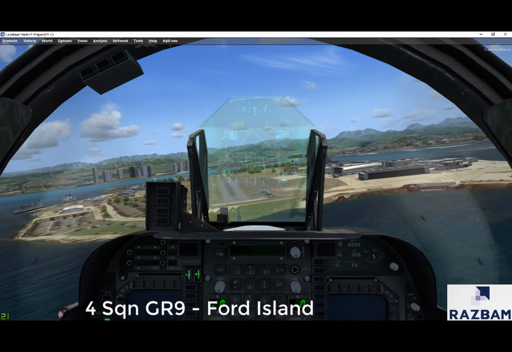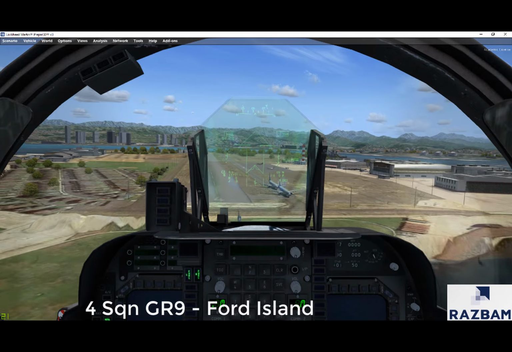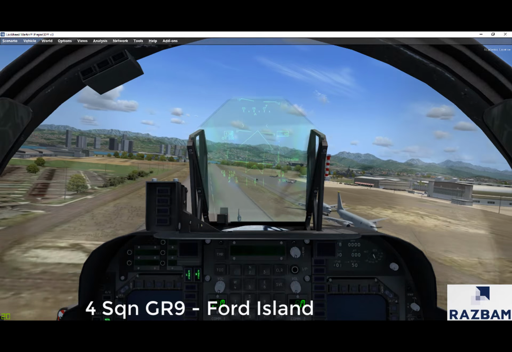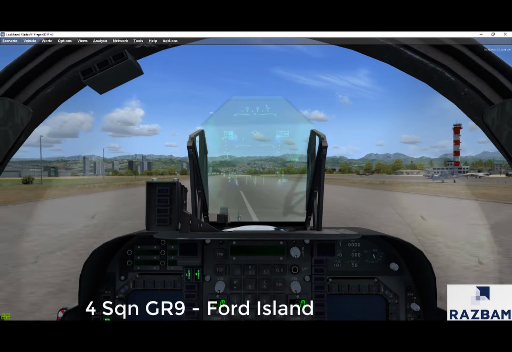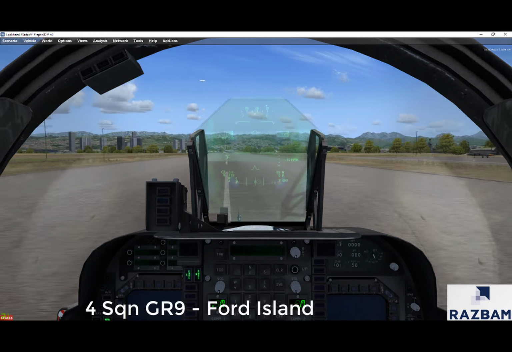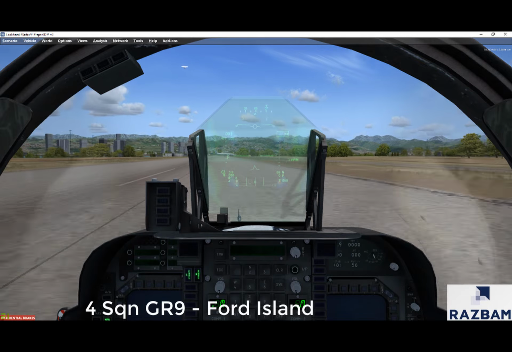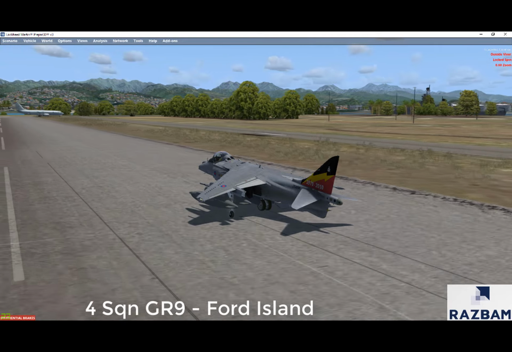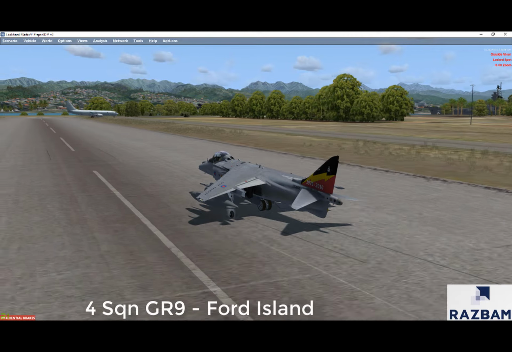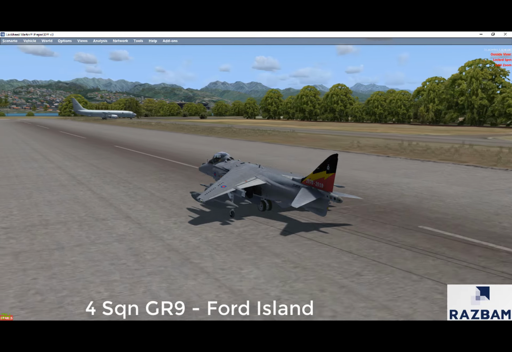The first version entered service with the Royal Navy's Fleet Air Arm in April 1980, and the Sea Harrier FRS-1, as it became known, was informally known as the SHAR, the Shah. Sea Harriers played a high-profile role in the Falklands War of 1982, flying from the aircraft carriers HMS Invincible and HMS Hermes.